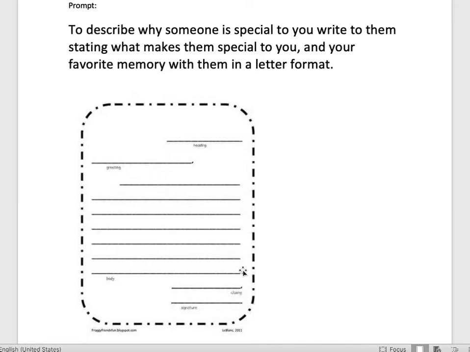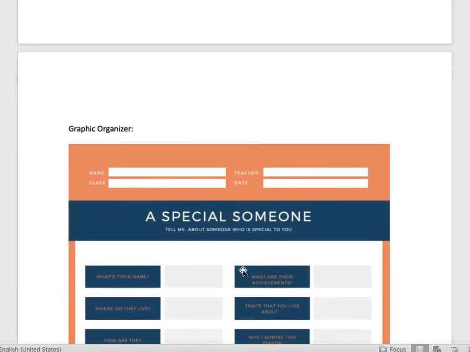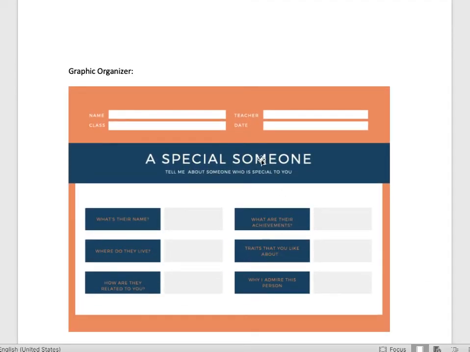Once they've read and established the prompt and seen how the format should be, I then will provide students with a graphic organizer, and this will help them organize their ideas. So this is where I would stop, and we would continue the graphic organizer on to the next day.